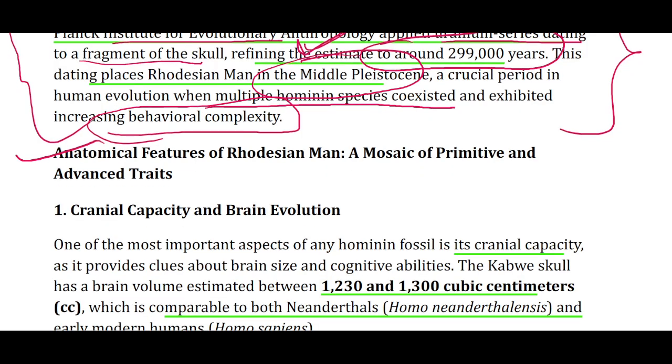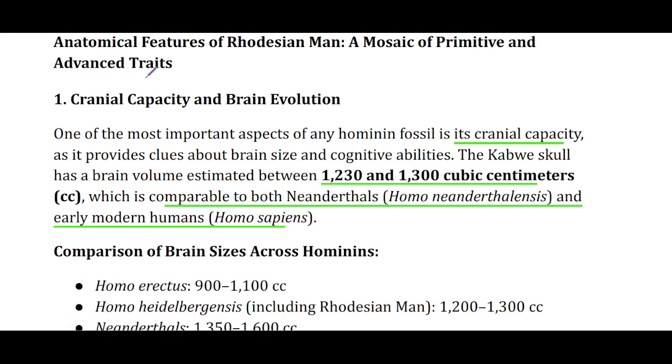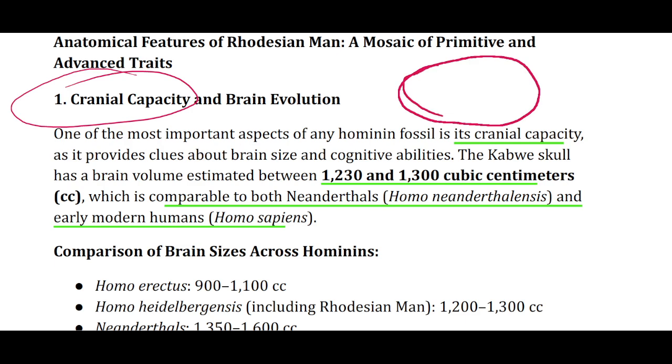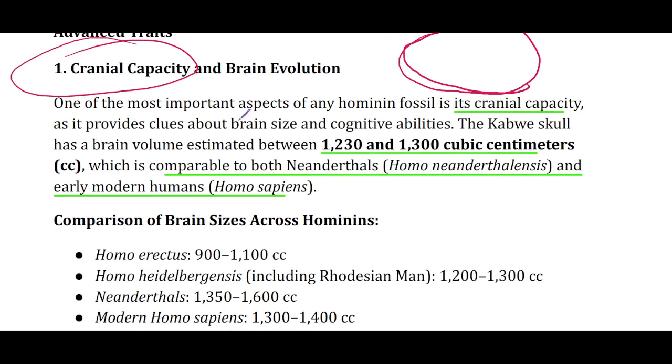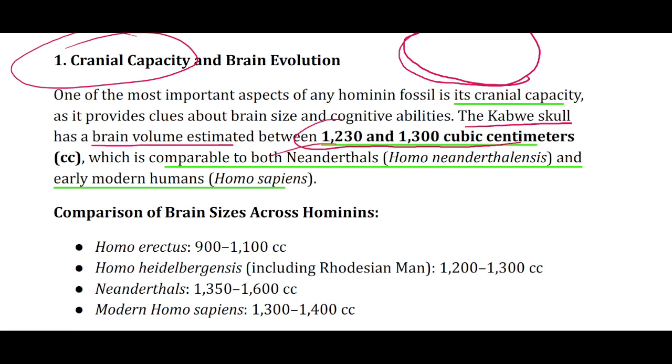Now, as for anatomical features of Rhodesian man, a mosaic of primitive and advanced traits. First comes cranial capacity. So, cranial capacity is the volume of brain that can be occupied inside the skull. So, the Kabwe skull or Rhodesian man had a brain volume between 1230 to 1300 cubic centimeters, which is comparable to both Neanderthals and early Homo sapiens.